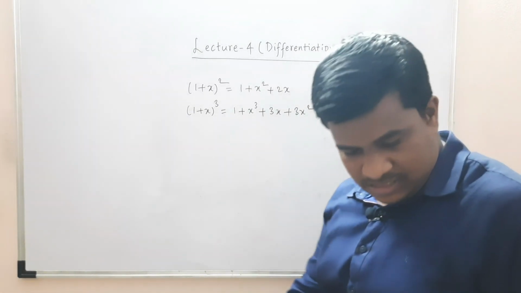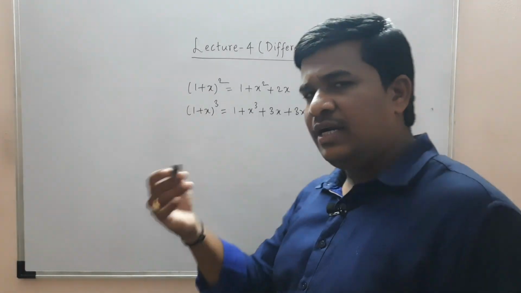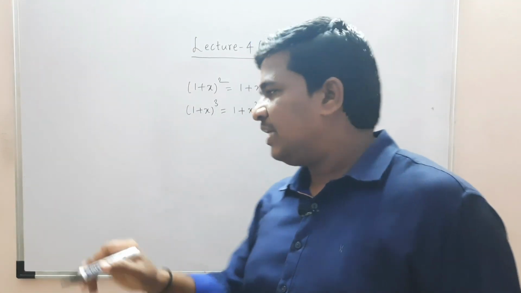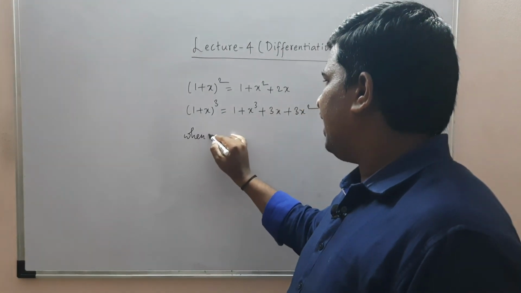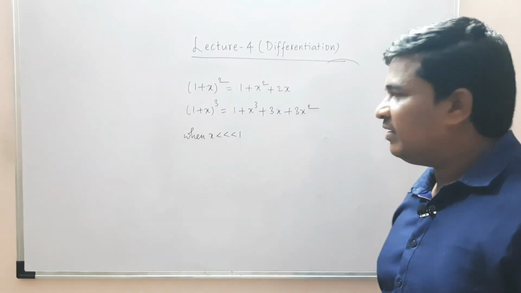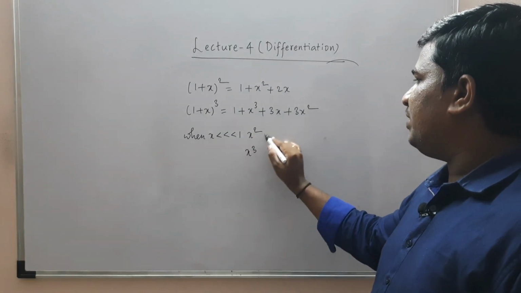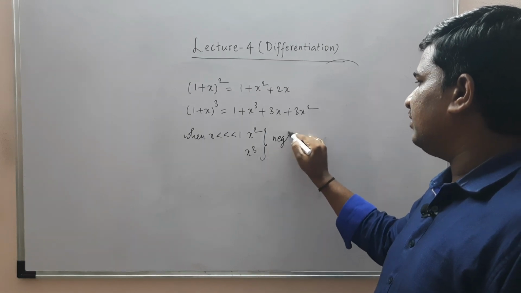And in the previous video we have seen, and already I declared that whenever x is very much less than 1, higher powers such as x square, x cube, these all can be neglected.